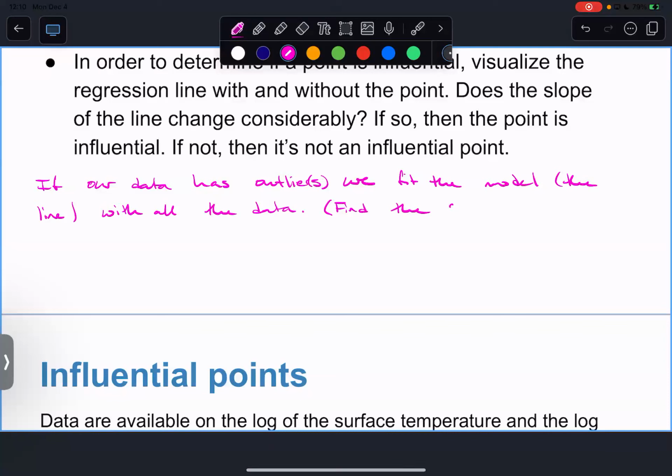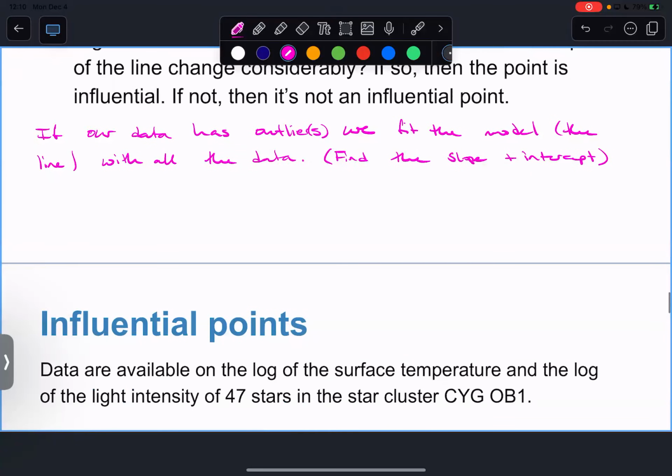Then I would remove outliers, the most extreme ones, but incrementally remove outliers, until there's no change in the slope and the intercept.